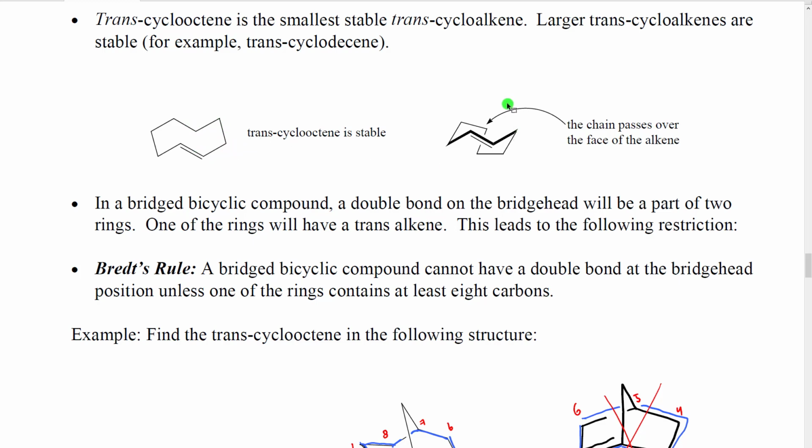If we were to build a model, we would see it looks something like this, where in fact this chain connecting the two ends of these alkene groups is not flat in the plane. It's actually coming over and across the top of one of the faces of the flat alkene.